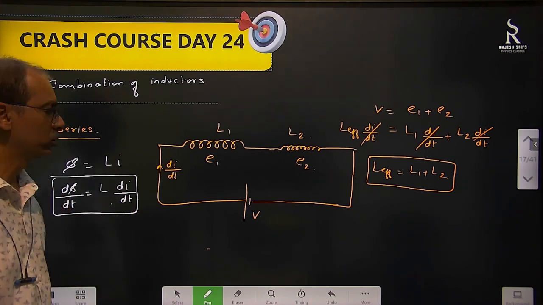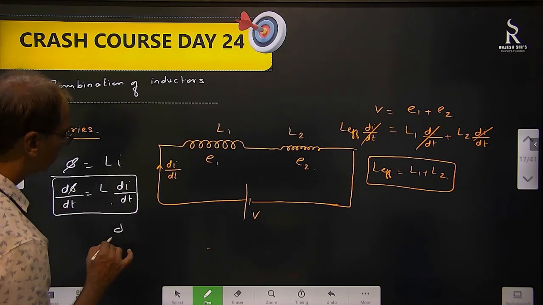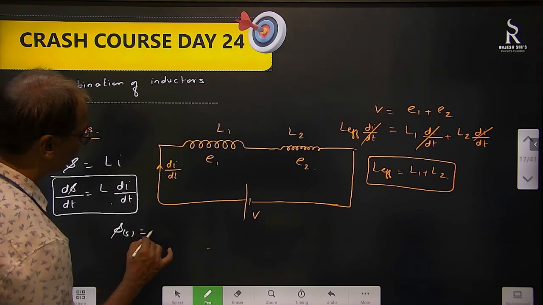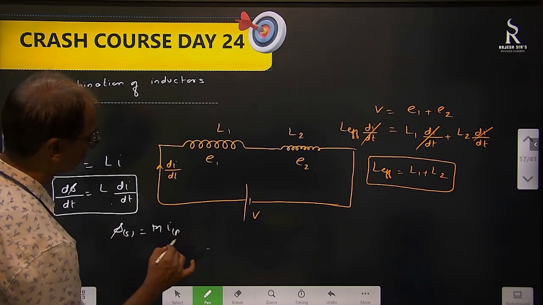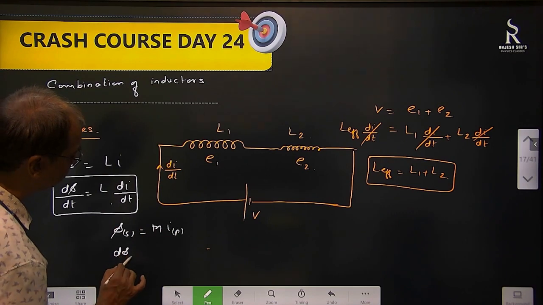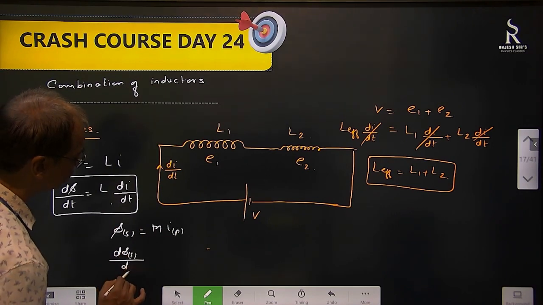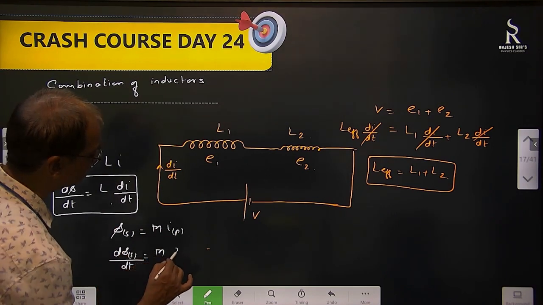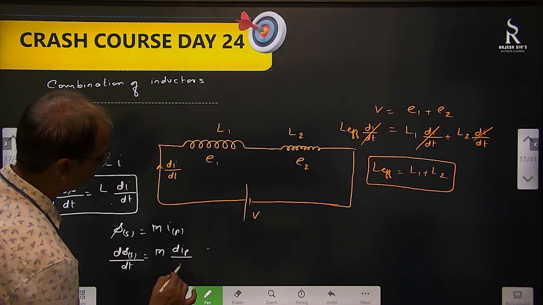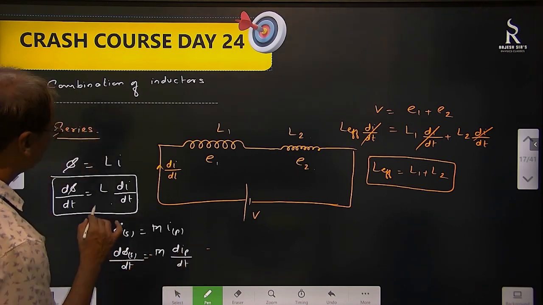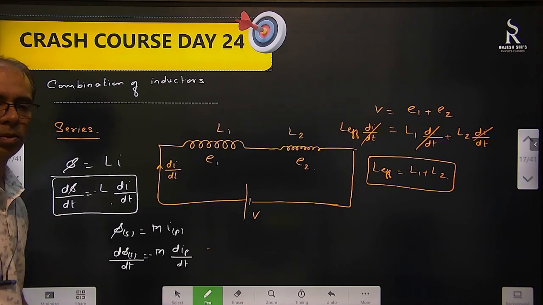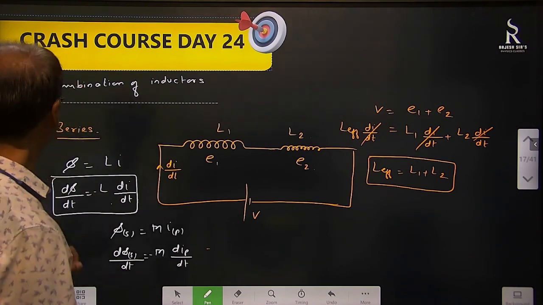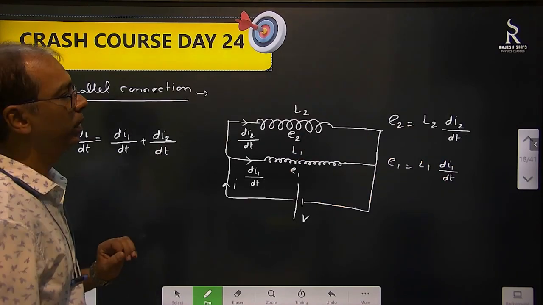In mutual inductance, what we write? Phi through secondary is equal to M into I through primary. So d phi s by dt, that is EMF induced in secondary, will be equal to M into dip by dt. And minus sign is always there, because opposition is there.